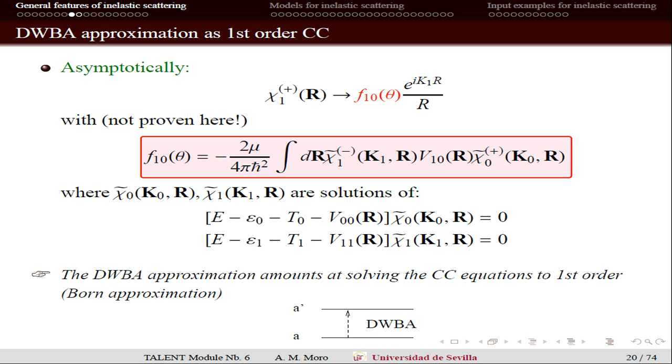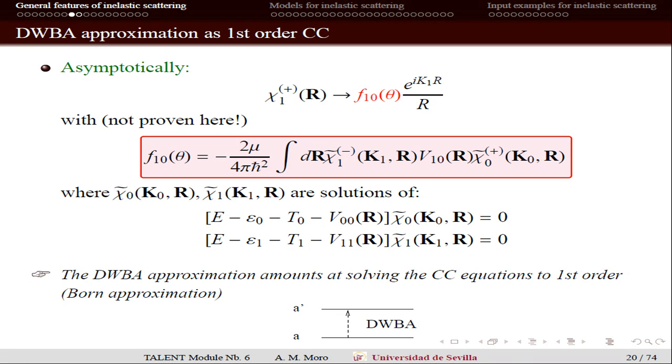Okay, so schematically, we imagine we have a system with a couple of states. We can solve this problem to all orders, which is a coupled channel calculation, or we can solve only to first order by solving first the equation for the elastic scattering and then using this solution in the inelastic scattering.